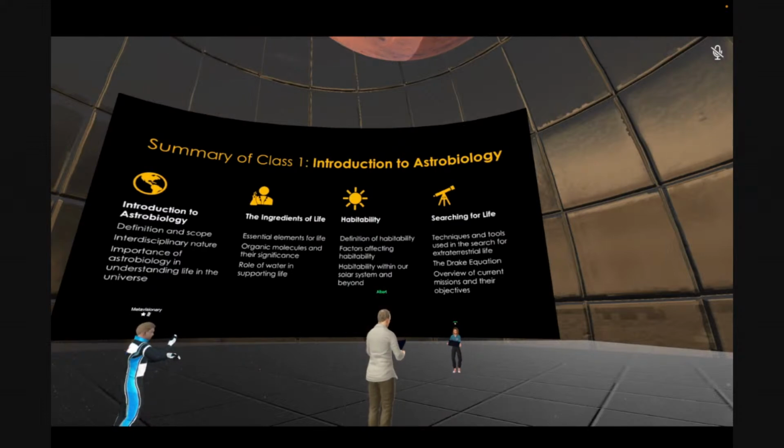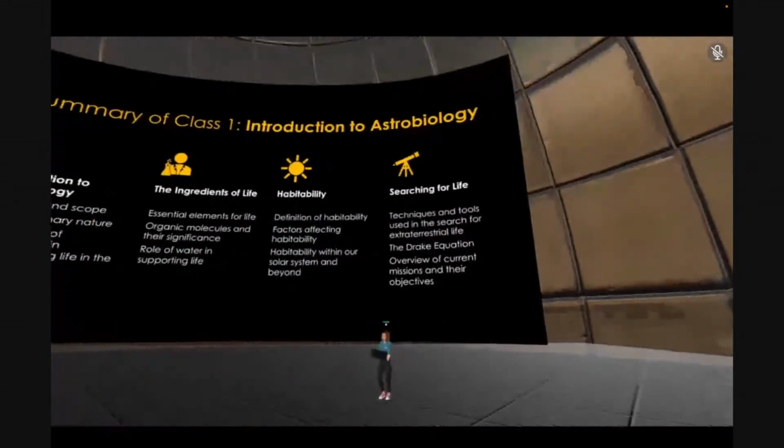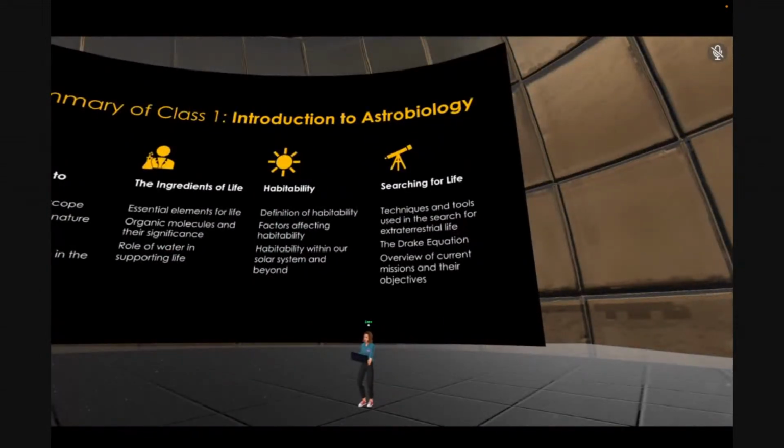We've covered the ingredients for life, which is water, organics, energy, and importantly, time. We've defined the concept of habitability and how scientists look for habitable planets, and how we are using habitability within our own solar system and beyond. And then finally, we talked a little bit about the search for life, the techniques that are used to search for both microbial and intelligent extraterrestrial life.